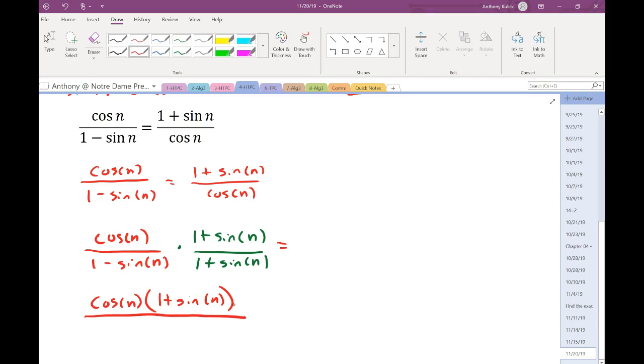When I multiply 1 minus sine n times 1 plus sine n, what do I get? I can use my difference of two squares identity, or you could FOIL it out. Either way, you're going to get 1 minus sine squared n. We okay here? Okay, now what?